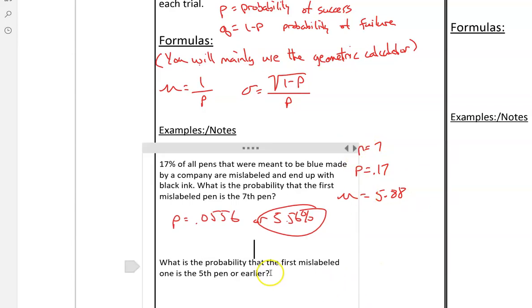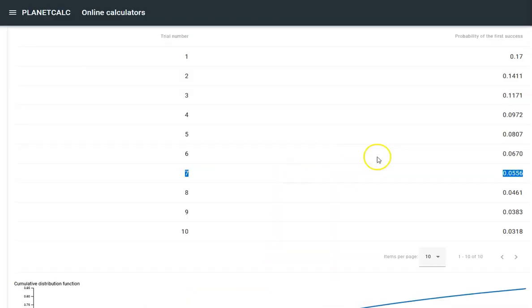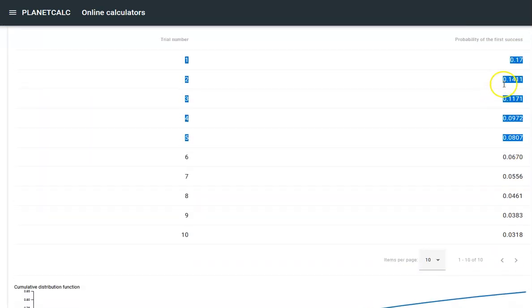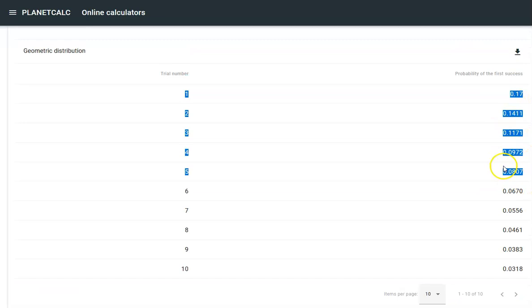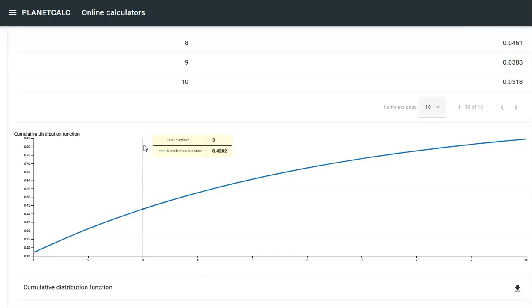Then they could ask something like this. What is the probability that the first mislabeled pen is the 5th pen or earlier? So it could be the 5th, the 4th, the 3rd, the 1st, the 2nd. You could take 1 to 5 here and add them up, and that would get you the answer, because if it's any of those, that would be correct. It's like an OR statement. But you also have down here the cumulative distribution function.